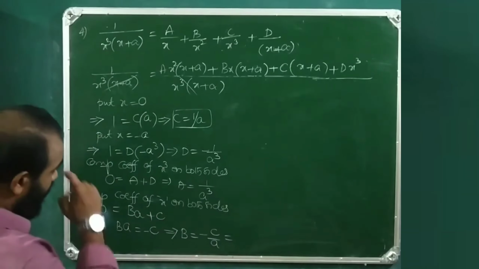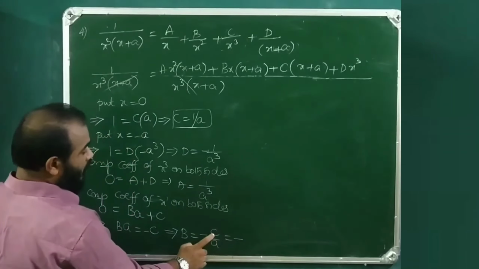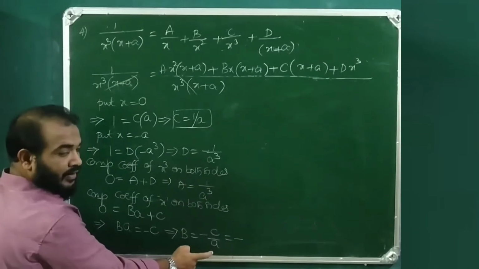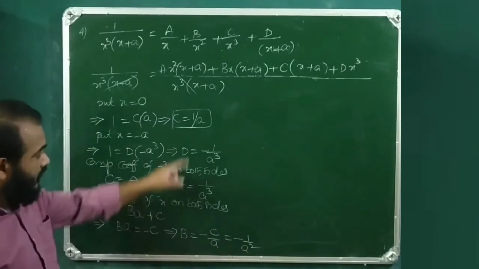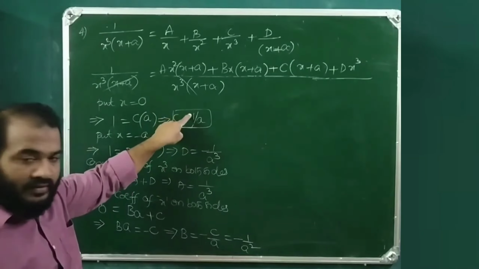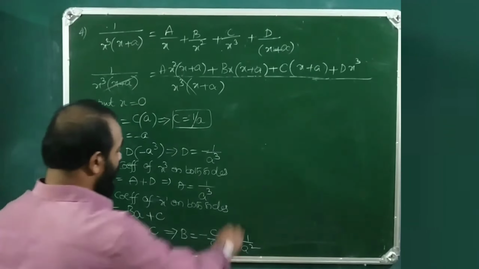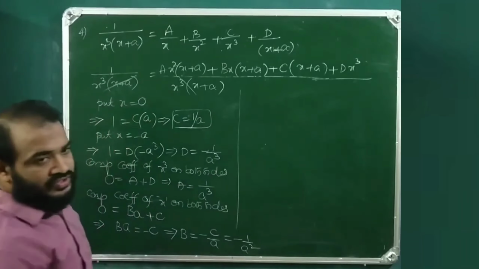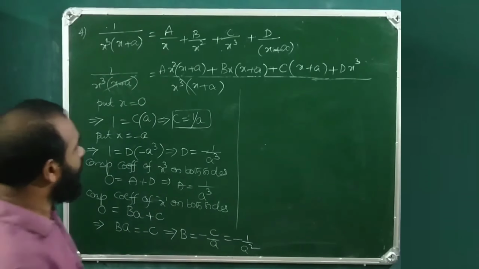What is c? 1 by a. So minus, the value of c is 1 by a, by a. So 1 by a square. So we got all the constants a, b and c, d.